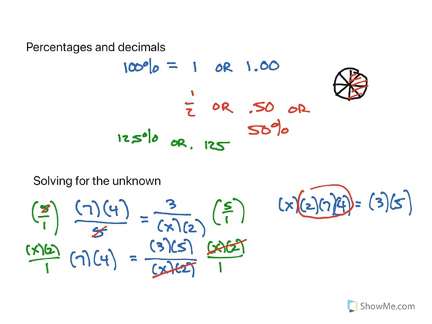So when I'm done, I have x on one side of the equation and 3 times 5 divided by 2 times 7 times 4. So remember, with the transitive property in algebra, you can do anything that you like to manipulate an equation as long as you do it to both sides of the equal sign.